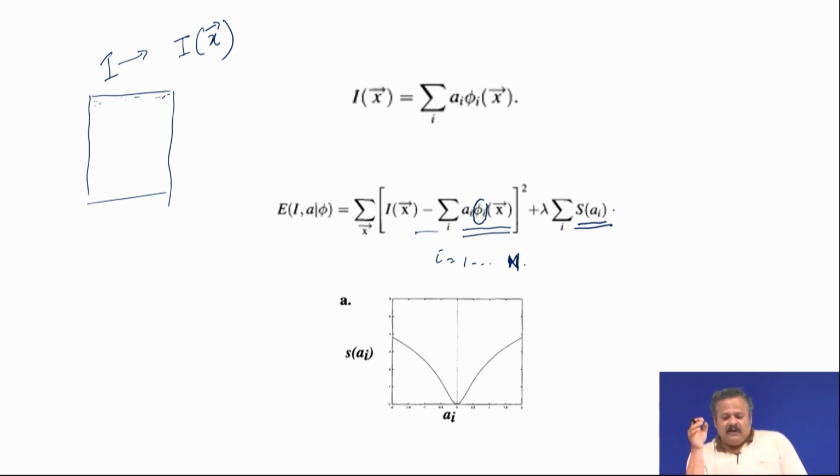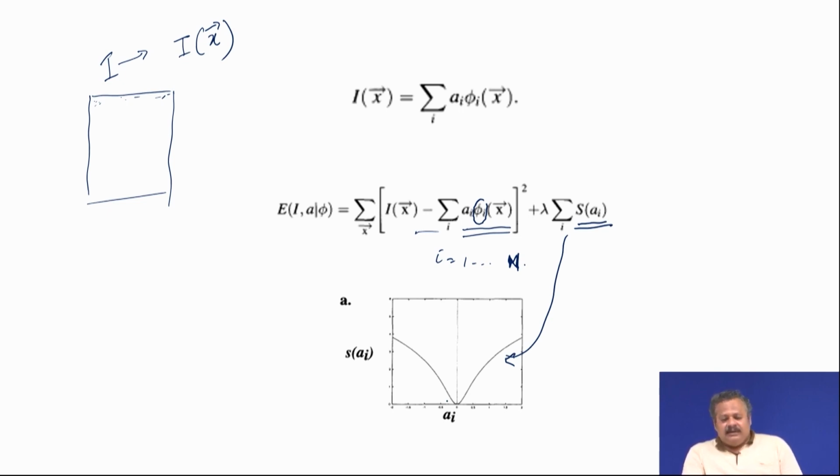That is, if A_i is too large, it is penalized by a weighting function that is represented here. If A_i is low, then there is no penalization or very low penalization, and if A_i is large, then it is penalized by a higher amount.